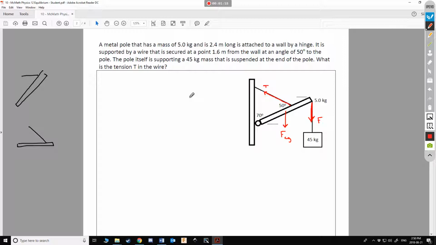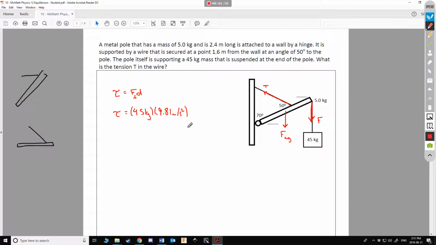So I say, what is the torque caused by that force? The torque caused by that 45 kilogram mass. Torque is equal to force times distance. Again, we need to find that perpendicular value. The force is 45 kilograms multiplied by 9.81 meters per second squared.